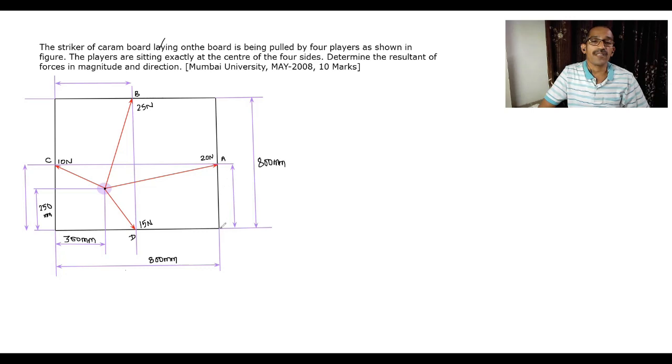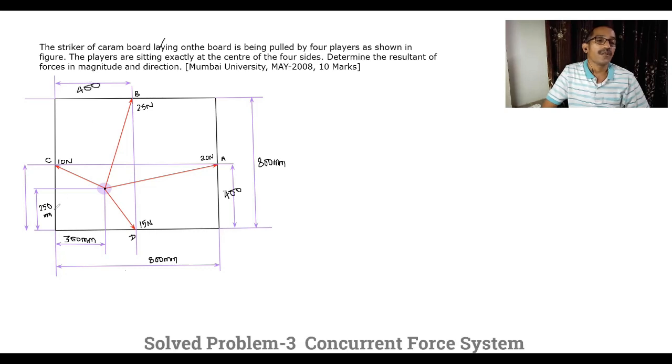Player A is sitting exactly at the center of this 800, so this dimension is half of 800, which is 400 mm. Player B is at the center of this side, so this dimension is also 400. Player C is also at the center of this vertical side, so this distance is also 400.